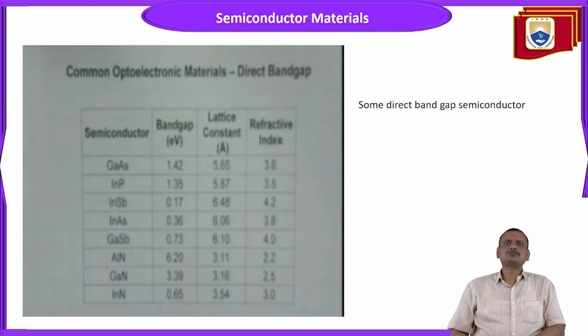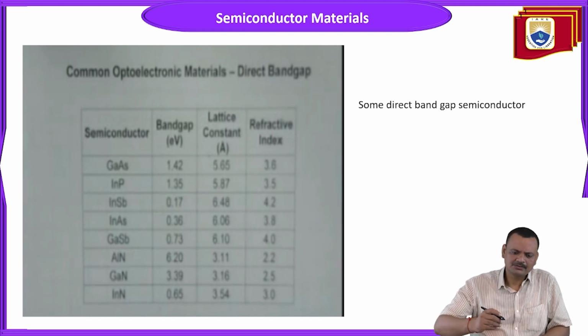So what I want to say here is, generally, if the lattice constant is less, you will get a higher band gap value. I am not telling you this is a hard and fast rule, but generally it happens.